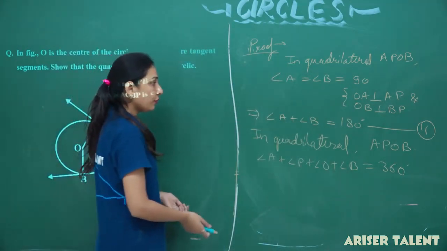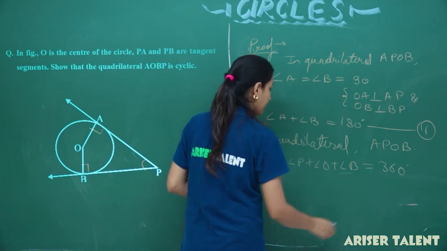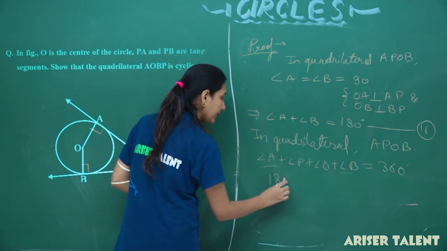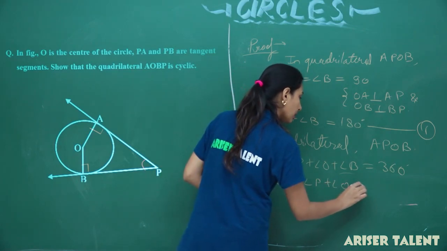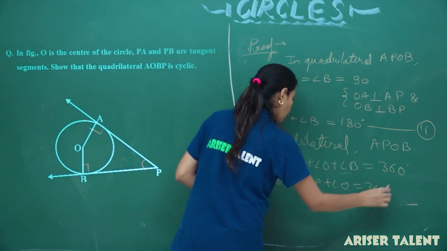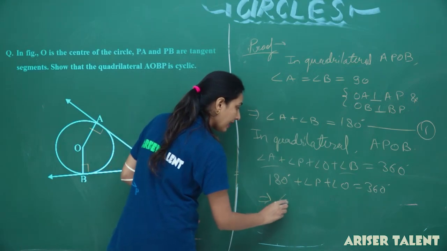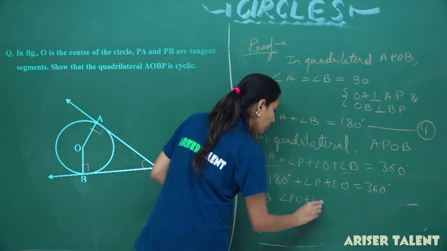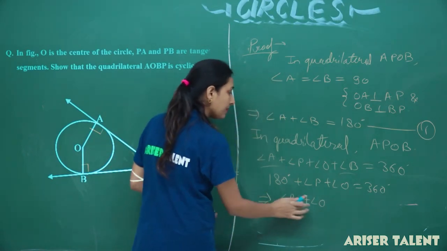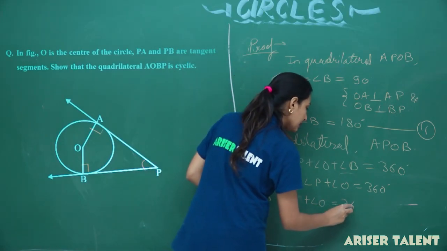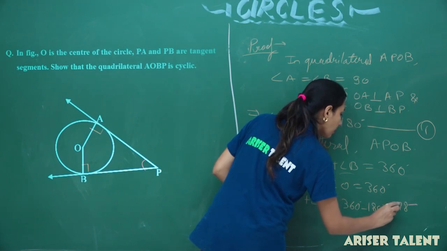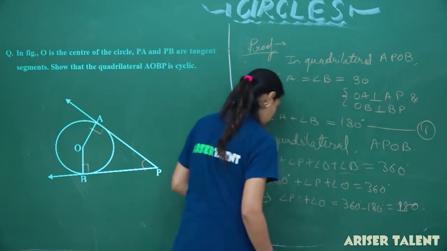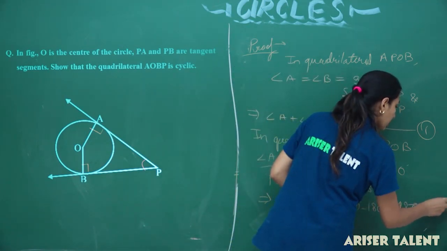Now, the sum of A and B is 180 degree, plus angle P plus angle O equals to 360 degree. What this implies? That angle P plus angle O equals to 360 degree minus 180 degree, which is again 180 degree. This is second.